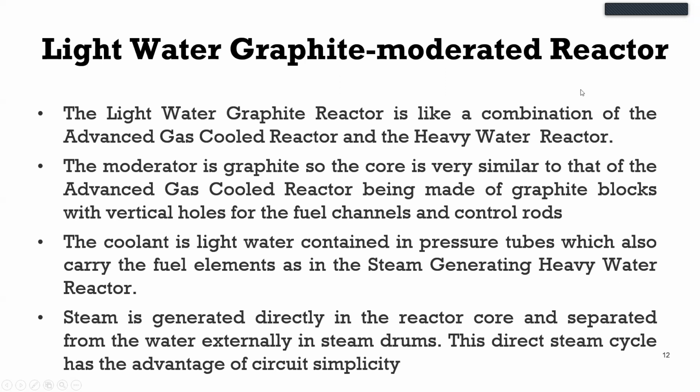The coolant is light water contained in pressure tubes, which also carry the fuel elements, as in a steam-generating heavy water reactor. The steam is generated directly in the reactor core and separated from the water externally in steam drums.